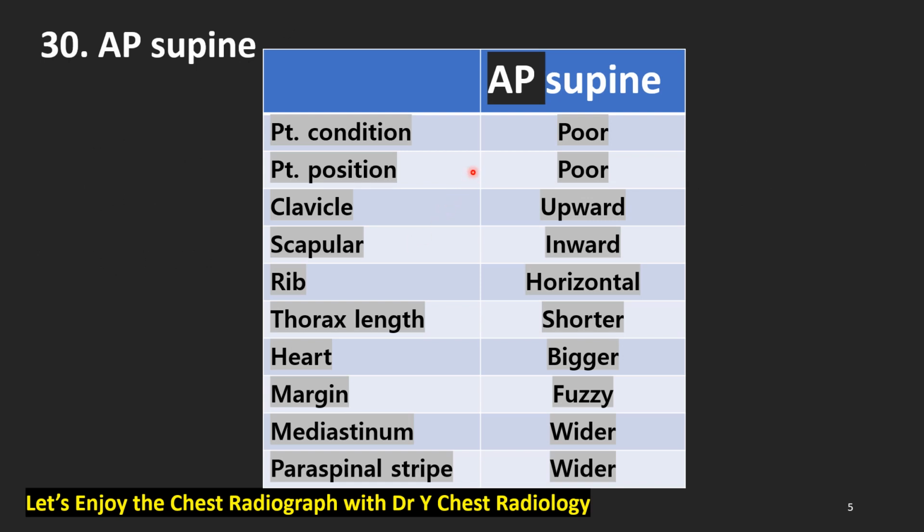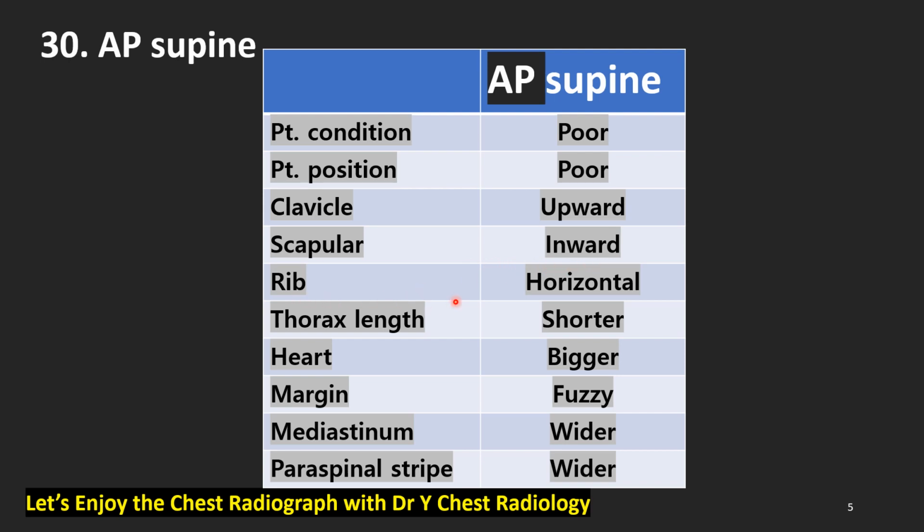I'll explain the difference of AP supine film with PA erect view. Patient condition is usually poor. Patient position is also poor. The clavicle is upwardly moved. The scapula is inward, inside the thorax.